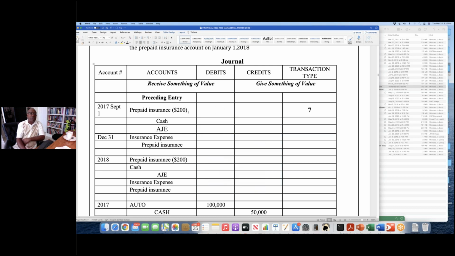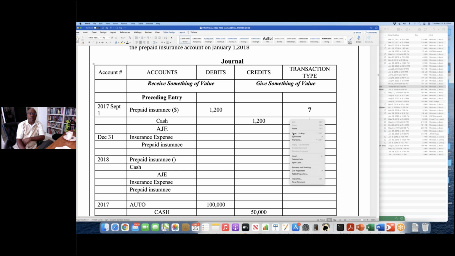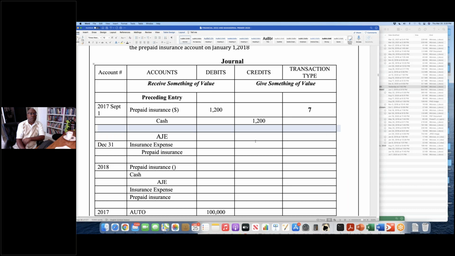When we bought the insurance, we debited prepaid insurance and credited cash. Now it becomes time to make the AJE.